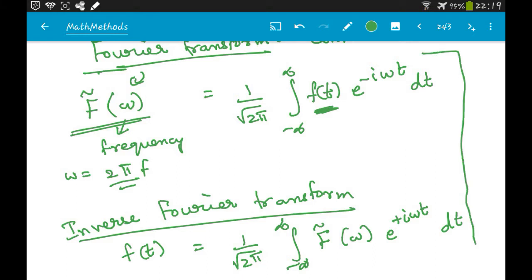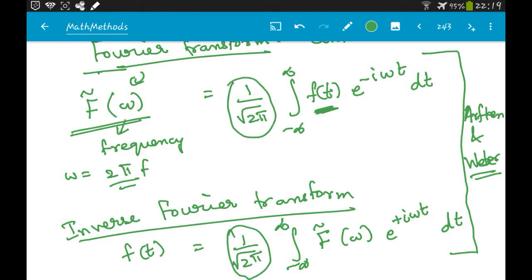In all of our lectures now we are going to use this notation, and this notation is also used in the book by Arfken and Weber. You can refer to this book for this particular notation. Bose's book has a different notation. This prefactor here is going to be slightly different in the Bose book. Different books have different notations, but the point is that we will just stick to one notation so that we are not confused.